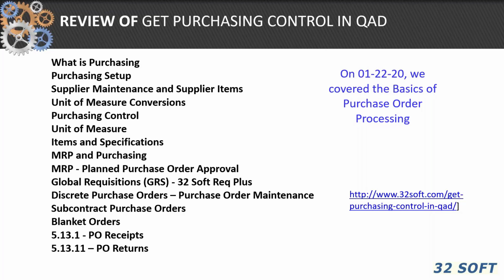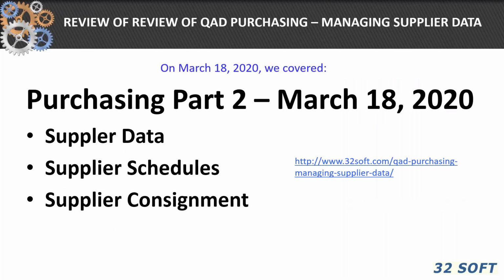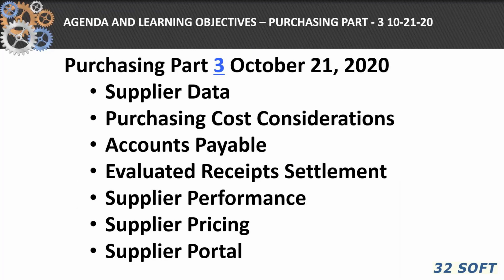So in January, we covered pretty much the basics of purchasing, how to set it up, purchasing control, we talked about MRP, discrete purchase orders, etc. Then in March, we continued with supplier data, which we'll talk a little bit about today, supplier schedules, and supplier consignment.